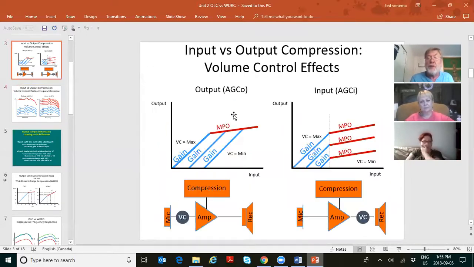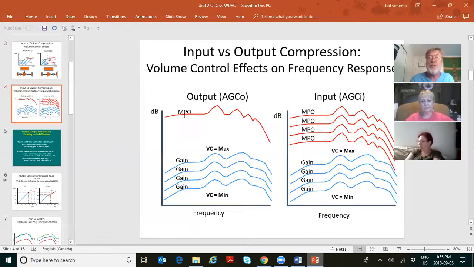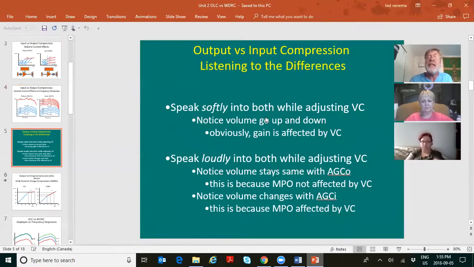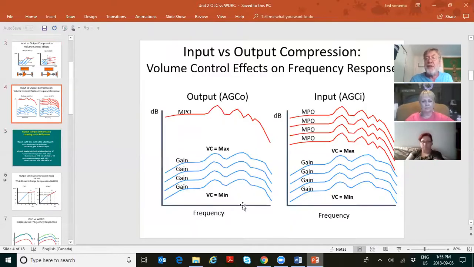In output compression, the volume control doesn't change the MPO. And that's how you hear the difference between the two, okay? Notice with input compression, if you yelled into the hearing aid, still, if you raise the volume control, it would get louder because the MPO was adjusted.